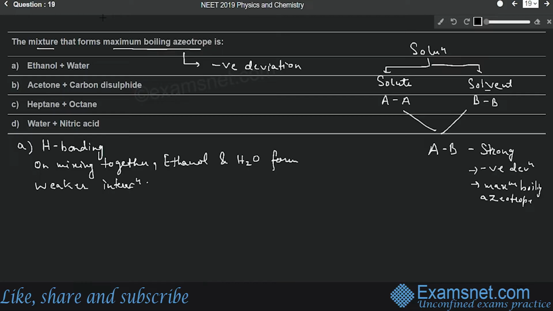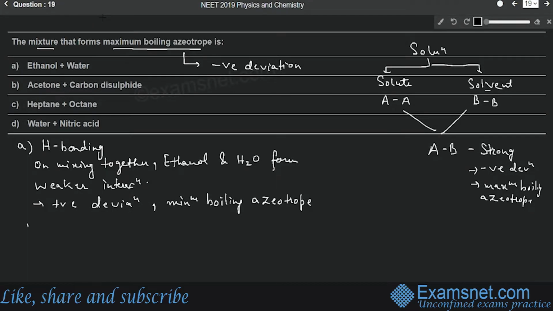So they will show positive deviation from Raoult's law, not negative deviation, okay? And they will form minimum boiling azeotrope. But we have to find a maximum boiling azeotrope. So this will not be the correct answer, okay?